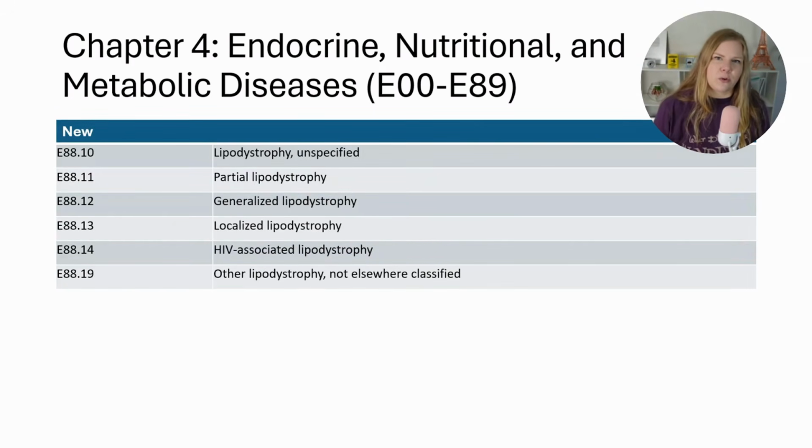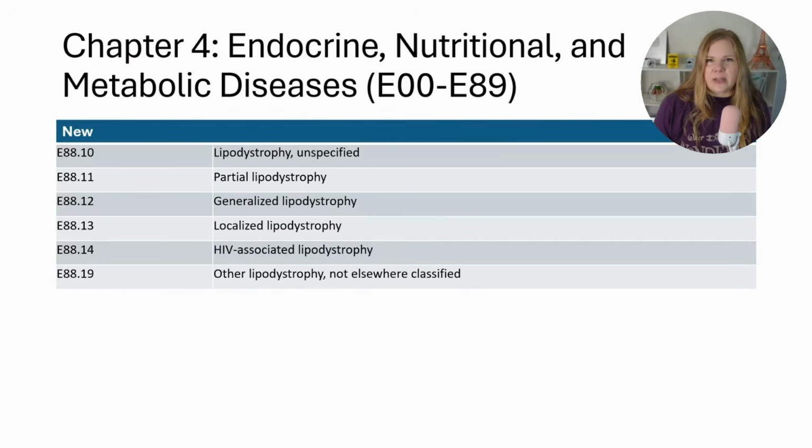Here we see new codes for lipodystrophy, which is a group of conditions where the body loses fat tissue in certain areas or throughout the body. The loss of fat isn't just cosmetic. It can cause problems with metabolism, insulin resistance, and lipid abnormalities. In the past, coders only had a general lipodystrophy code, but now we can assign codes that tell a more complete story.